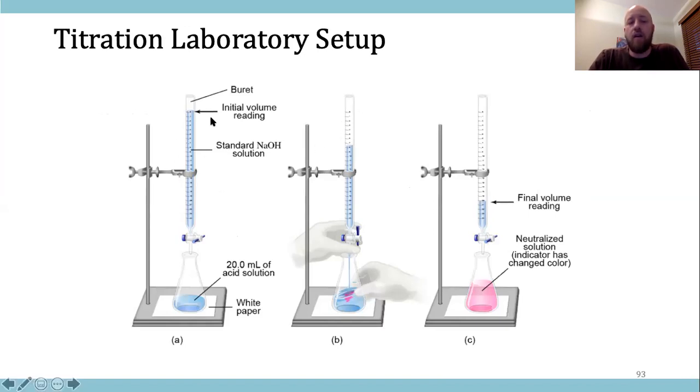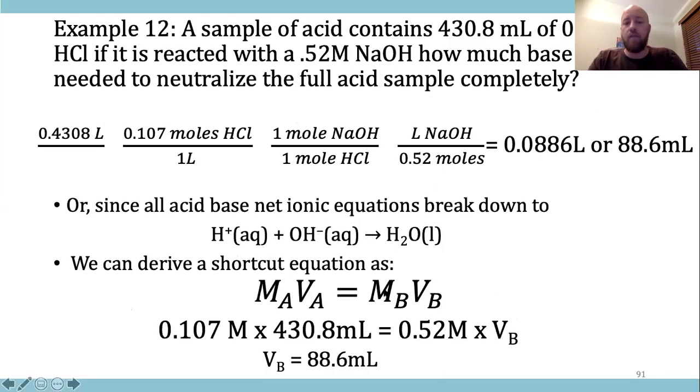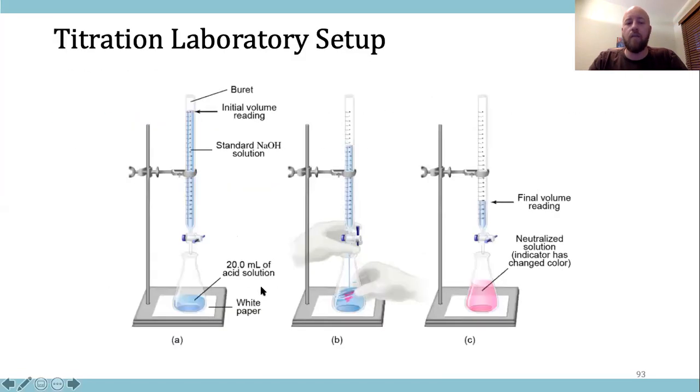Essentially, we have a base in our burette, we have acid in our sample, and we add base until we get a color change. We use an indicator, right? And so we apply this kind of equation to find the molarity of the acid when we don't know it.